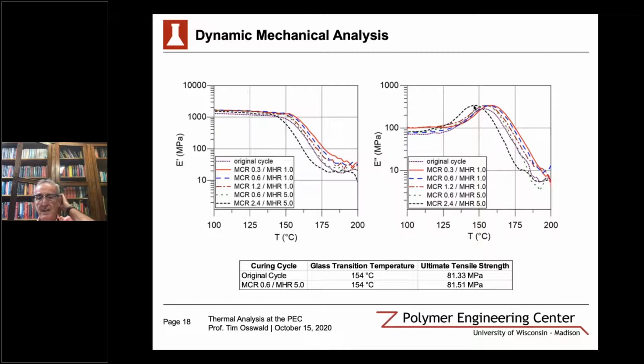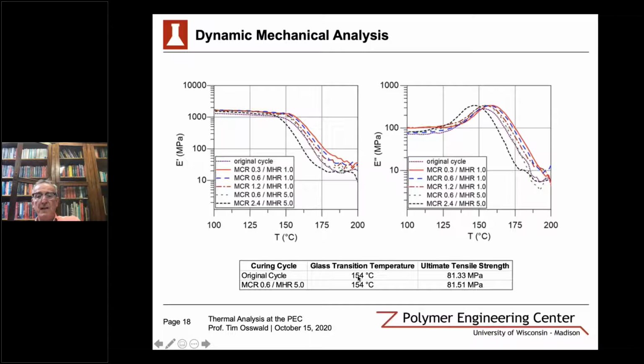What we noticed is that the 0.6 maximum conversion rate and 5 degrees Kelvin per minute maximum heating rate matches the original cycle. You can see the original cycle right here, and the one with the little green lines is the one that matches it best.